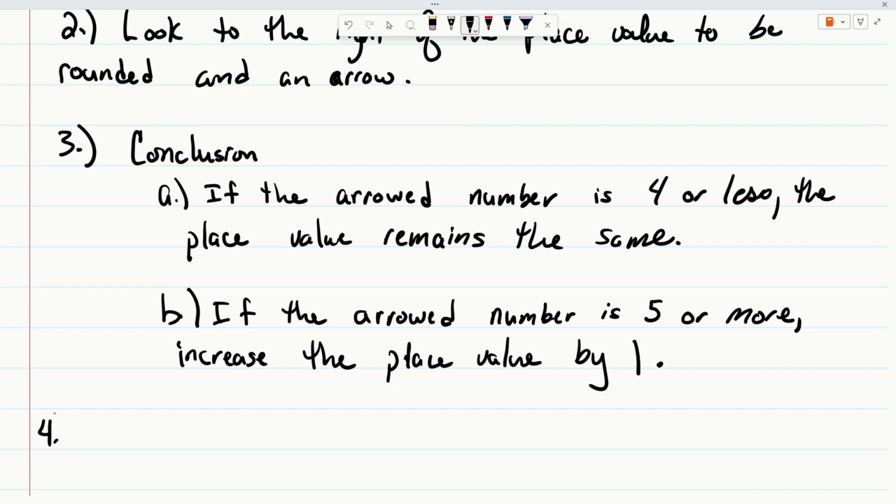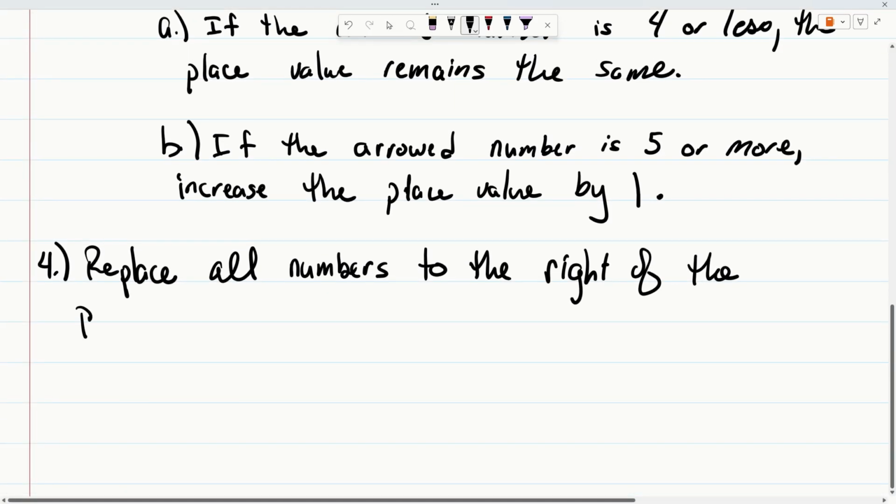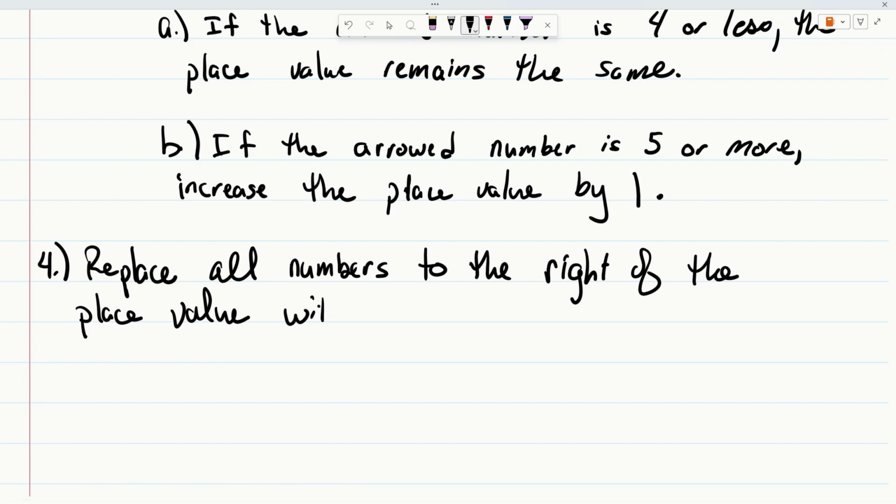And then step 4 is replace all numbers to the right of the place value with zeros.